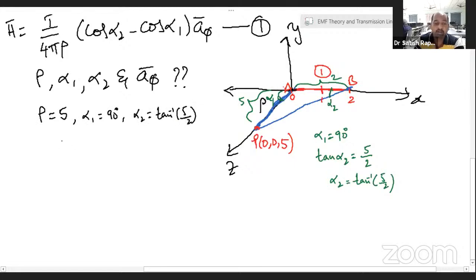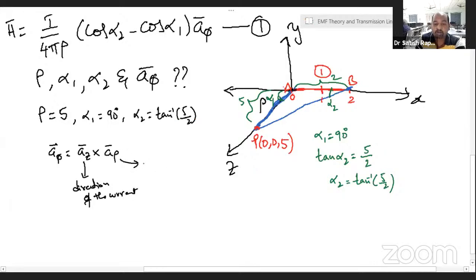And a phi bar. So what is a phi bar? A phi bar is equal to az bar cross arrow bar, right? So what is az bar? Az bar is the direction of the current, right?